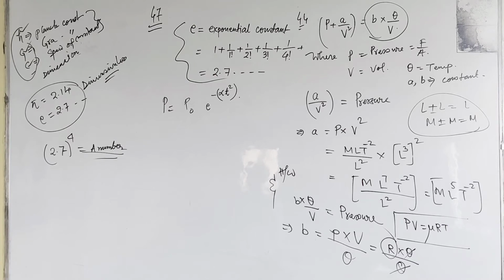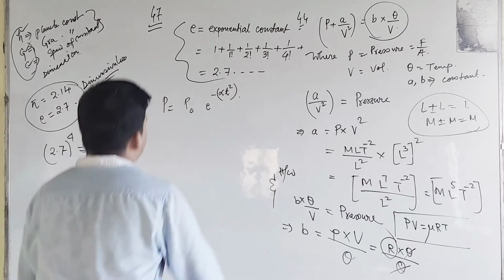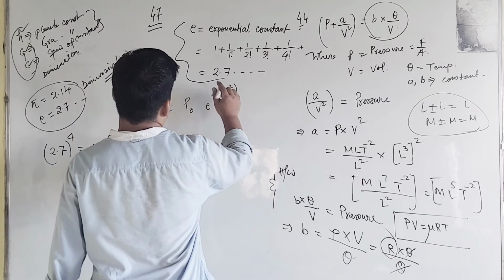Then we have to find the dimension formula of alpha. Let us put this as a.